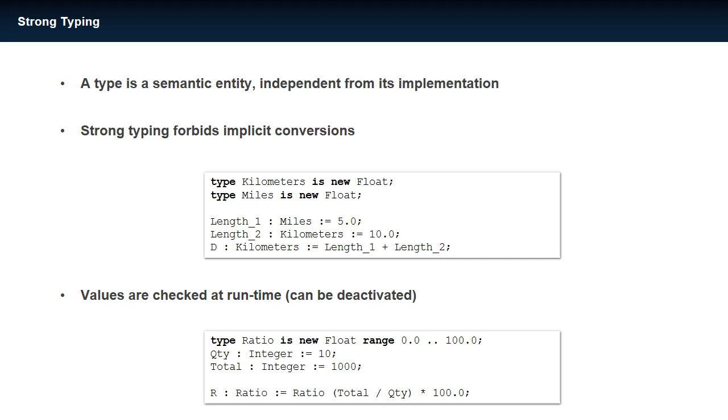We can do a few things here to make this work though. We can explicitly cast length 1, which is of type miles, to be of type kilometers, and then we can do the expression. We know this is wrong because miles and kilometers are two different things.